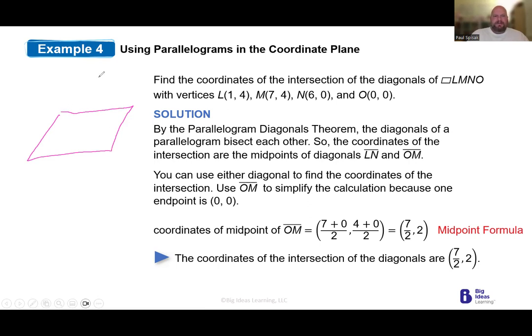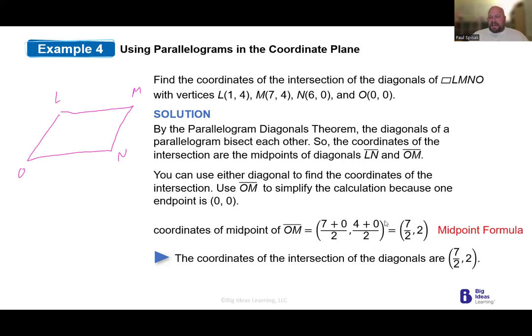You don't even have to graph it, but just know these go in order. So if we're going in order to visualize which two are across from each other, M and O are across from each other, L and N are across from each other. So again, you could have chosen either set. And if you wanted to actually graph it, that's fine too, but you don't have to.